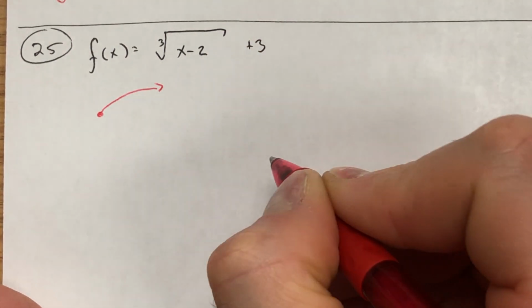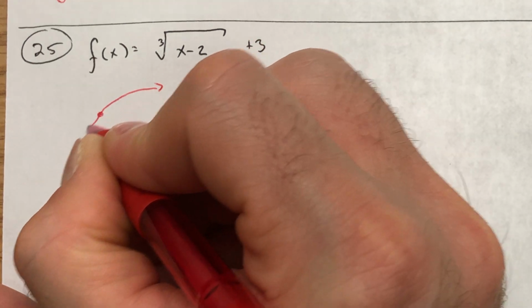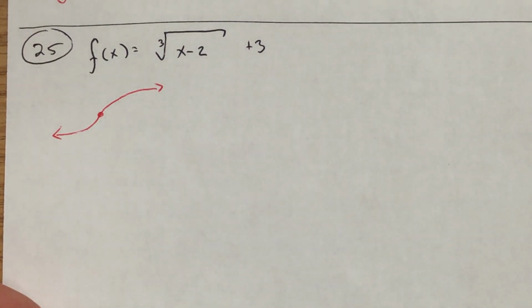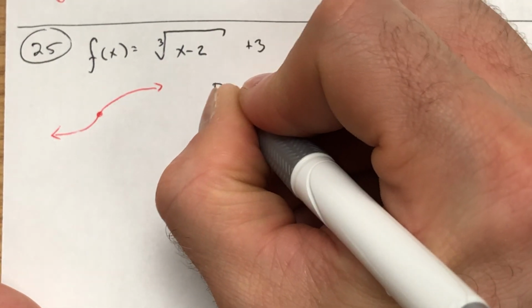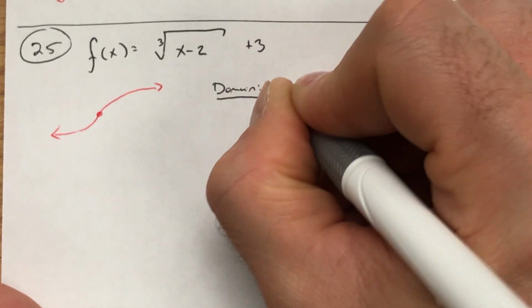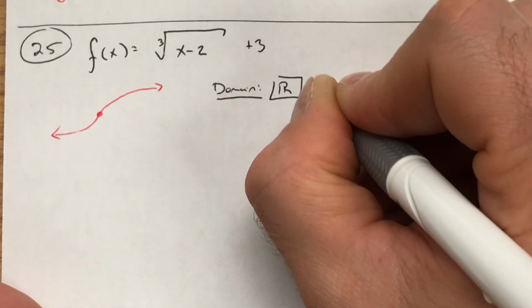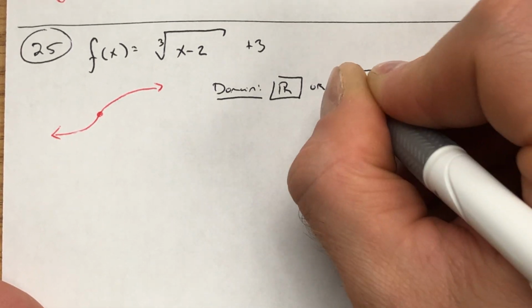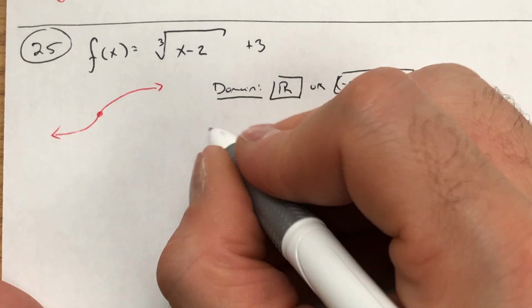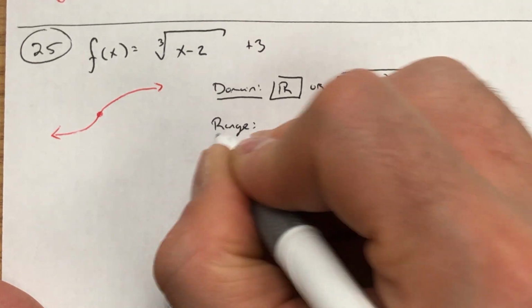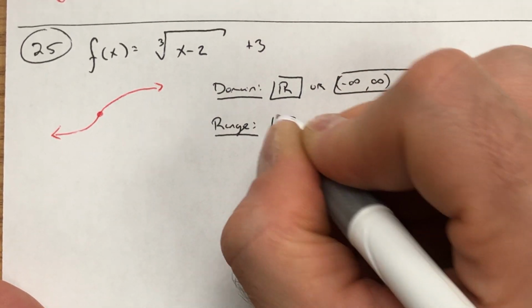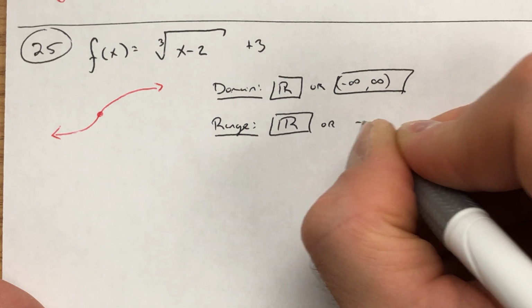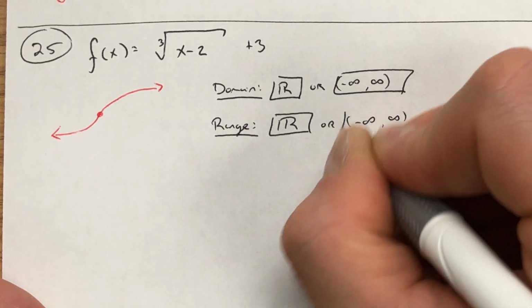It looks like a root going up in this direction, but it continues off in that direction. So there is no limit. The domain is either all real numbers or negative infinity to positive infinity. Same thing with the range: either all real numbers or negative infinity to positive infinity.